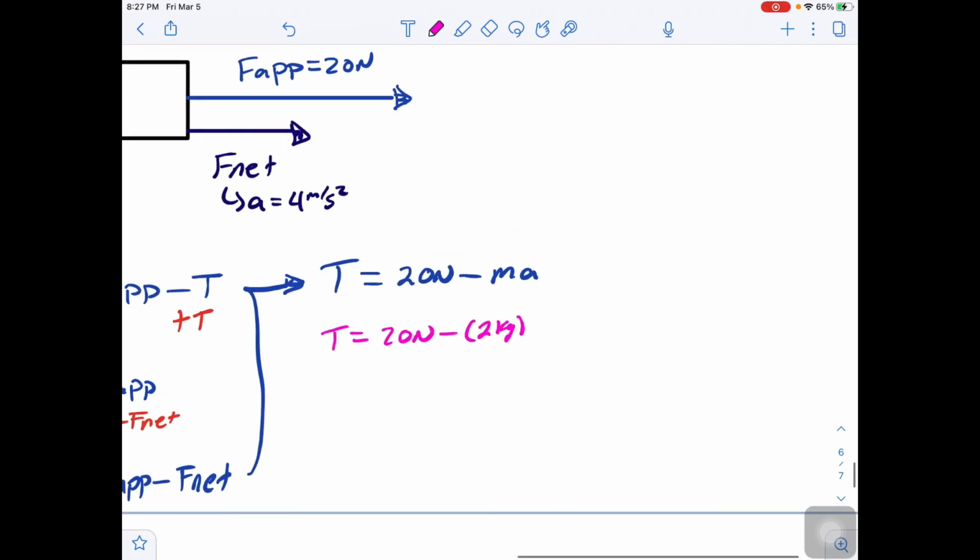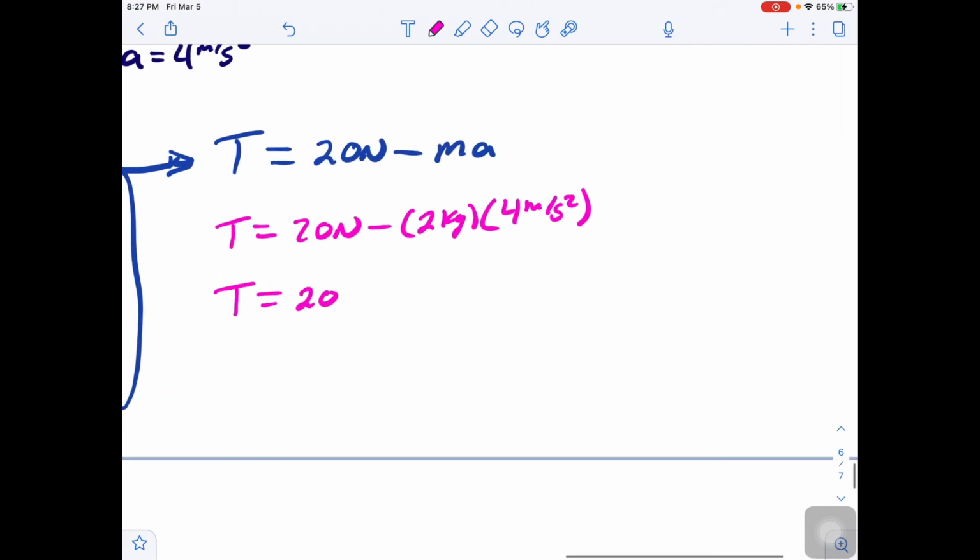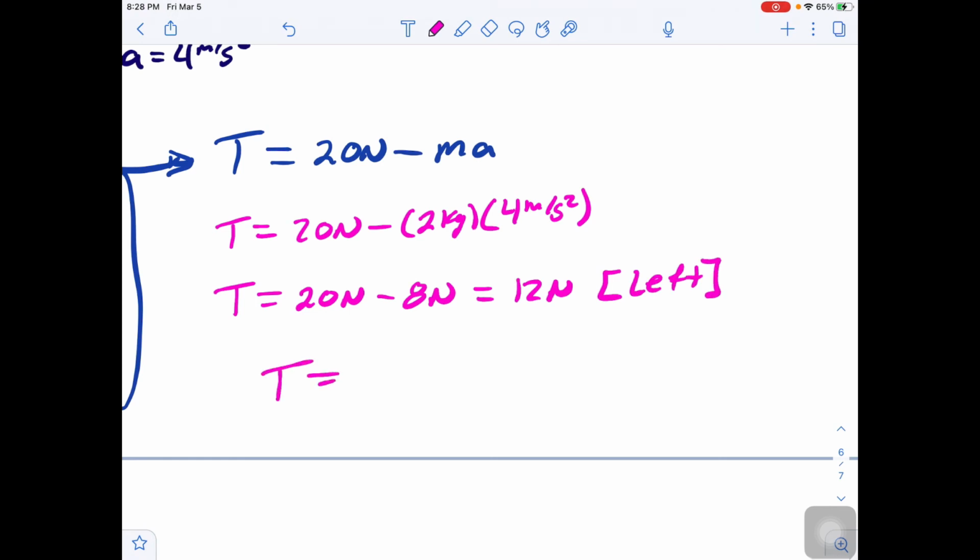And remember, we know the acceleration based on part A, which was 4 meters per second squared. So the tension here will be 20 newtons minus 2 times 4, which is 8 newtons, which ends up being 12 newtons, and this would be to the left. So my tension over here is 12 newtons to the left.